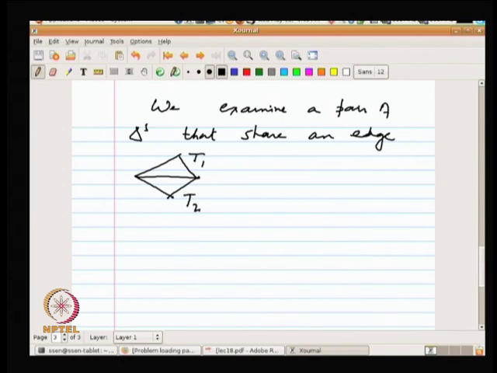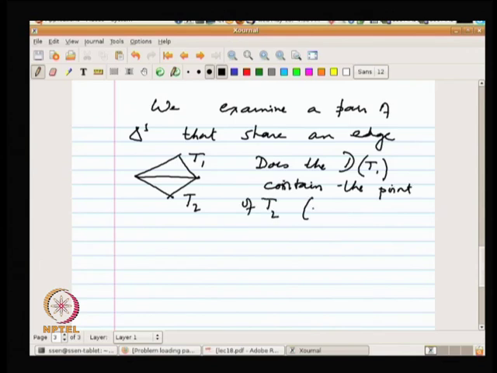Now, what we check is: does the Delaunay disk of T1, let us call it d of T1, contain the point of T2 lying on the other side of the common edge, on the opposite side of the common edge?